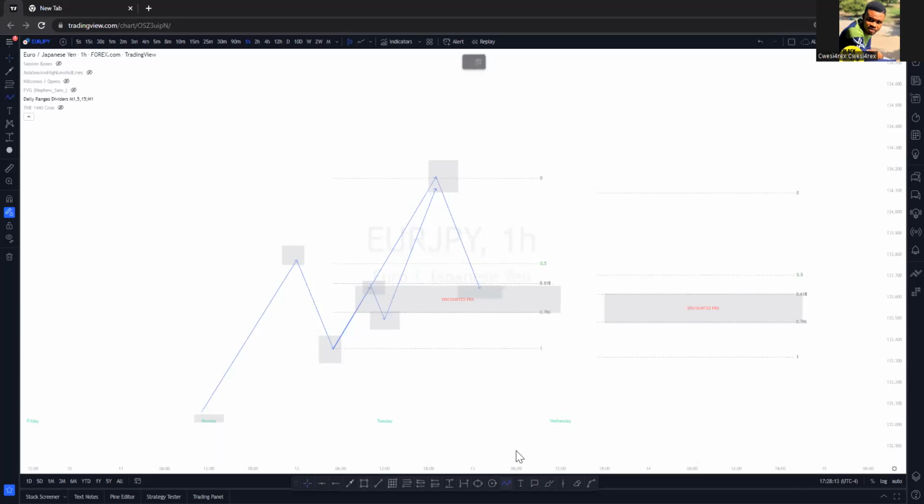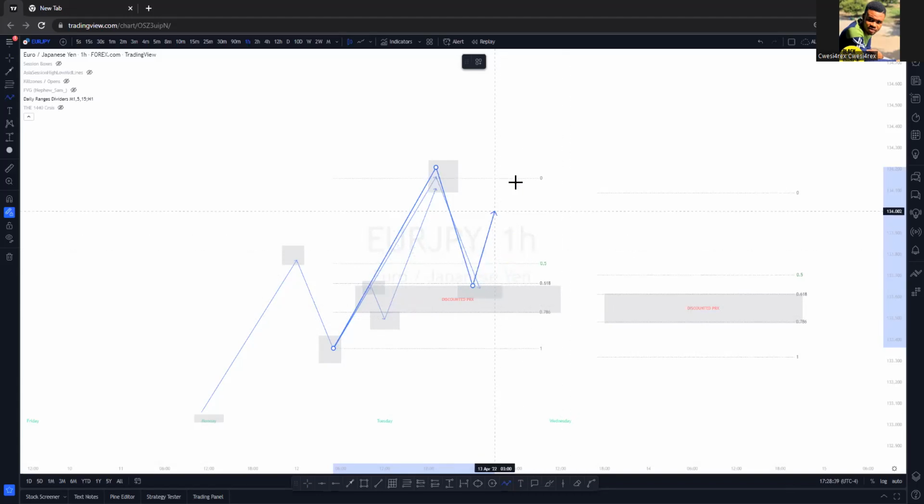Basically, what most retail traders and other smart money traders do is, whenever they see a continuation market, they flip their Fibonacci from this low to this high, and then they guess that price is going to reverse at either 61.80 or 78.60 or the golden zone, which is the 50 for them.